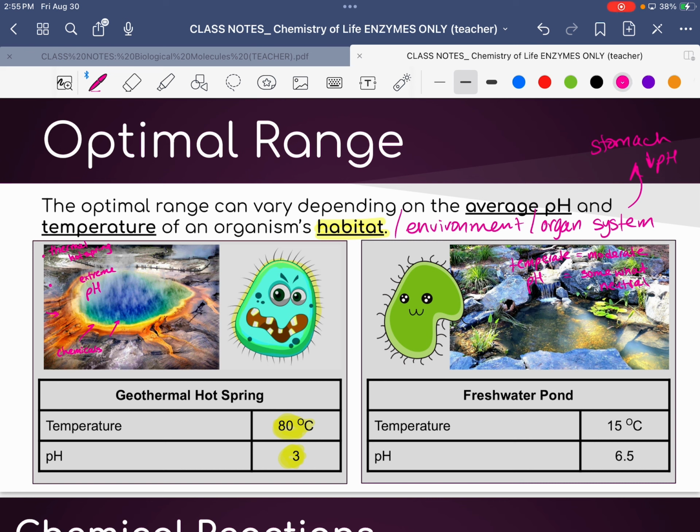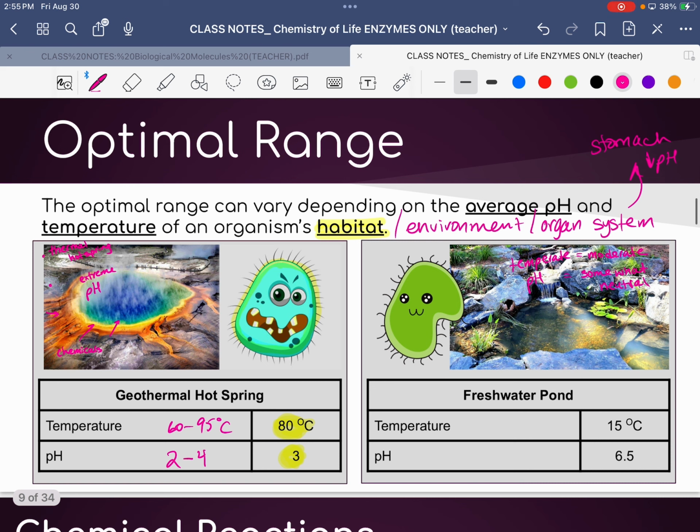So I would say the temperature range might be, I don't know, 60 to 95 degrees C, the optimal temperature range for the proteins in that organism. And then the optimal pH range is somewhere between 2 and 4 for the proteins in that organism.